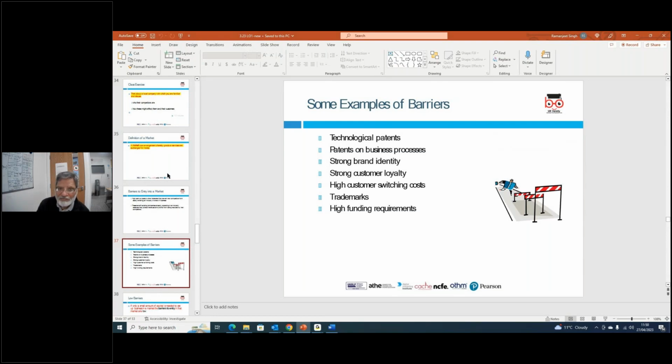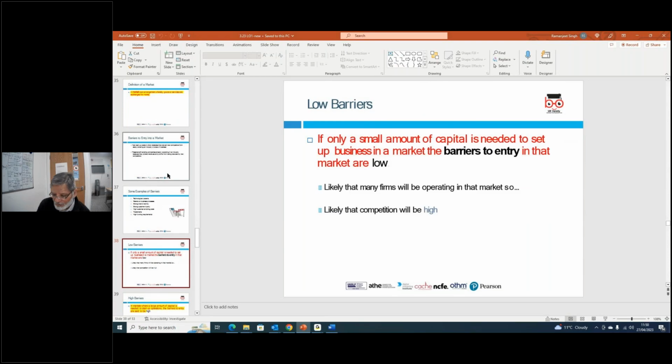So there are a lot of barriers to entering different types of markets. In some organizations there are low barriers, for example in selling and buying goods as a sole trader or partnership, which is very easy to set up and very easy to get out of. People can come out and go in anytime they want.